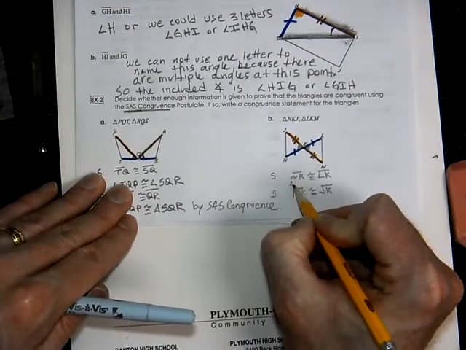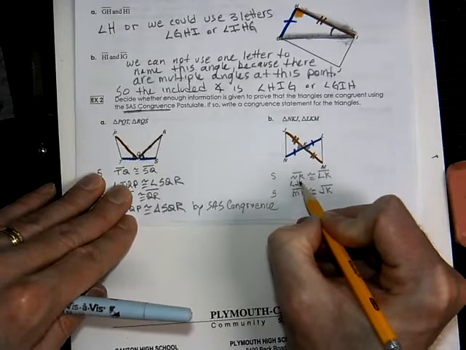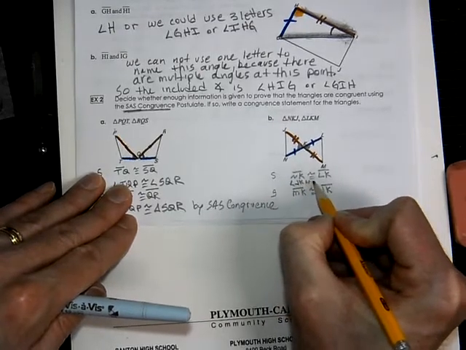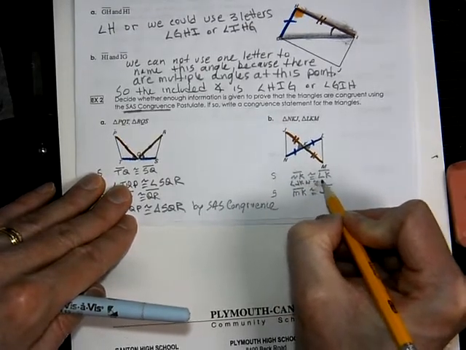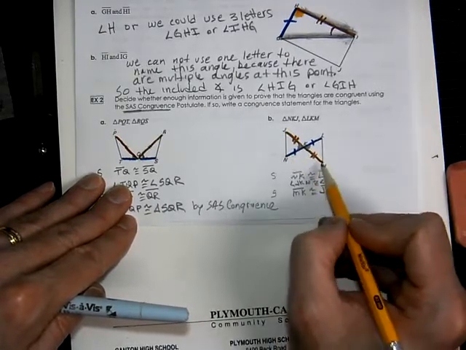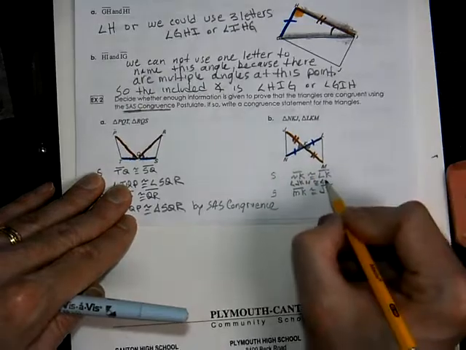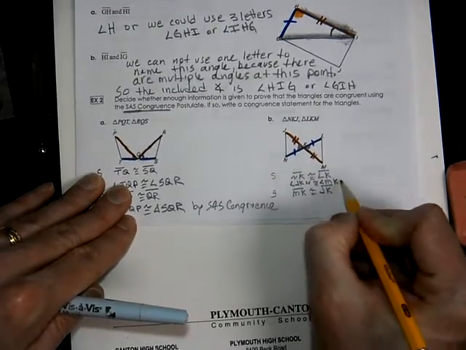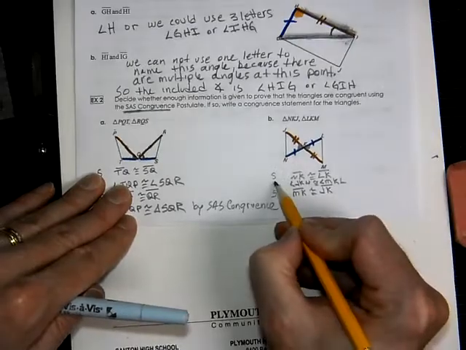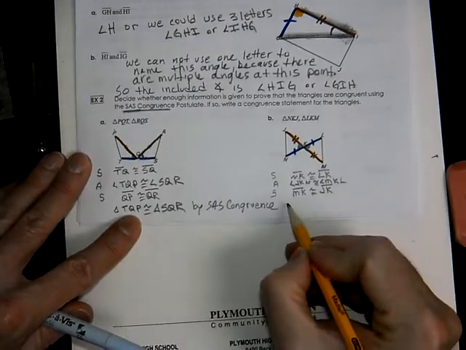So we could say angle JKN is congruent to angle, I went down the red then the blue, so I'm going to go down the red then the blue, MKL. That is the angle that is in between those two sides.